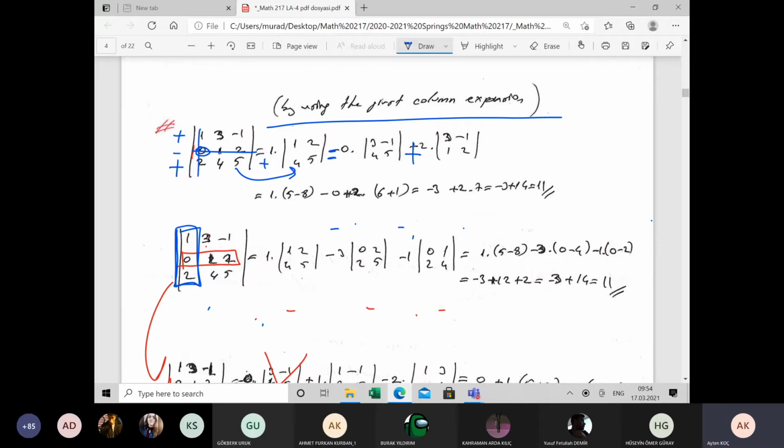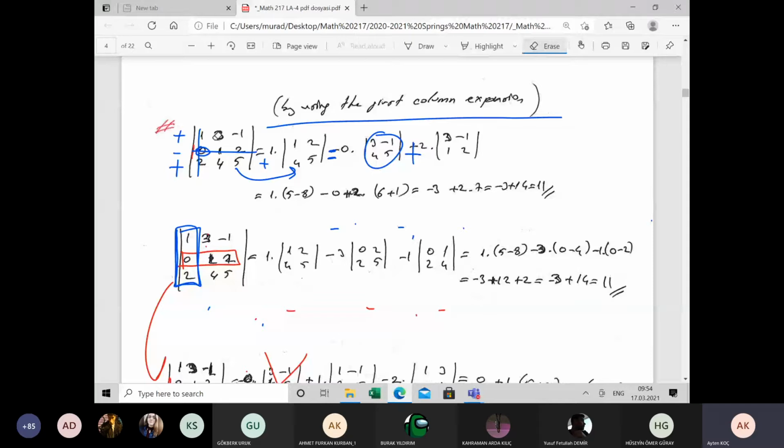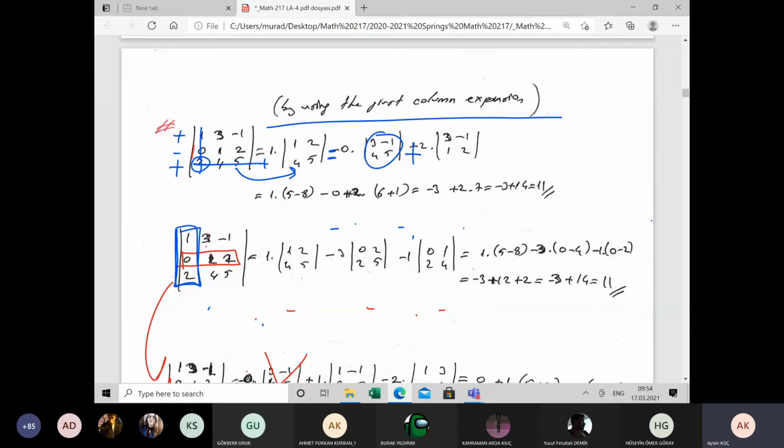So we obtain this one. And also the next entry of the first column, this one, delete the first row and the last column. And then we obtain this submatrix. It's okay, this one.